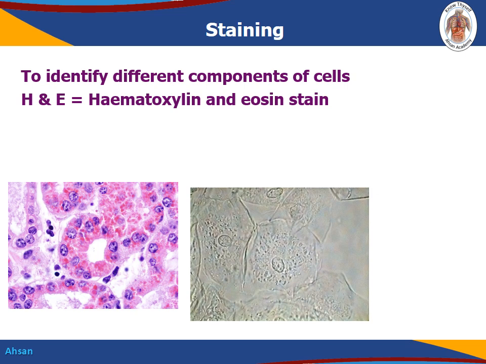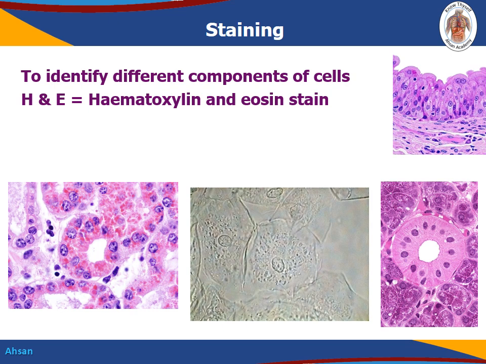In the laboratory we usually use the H and E stain, which is hematoxylin and eosin. One is acidic, another is basic. With this stain, we can see the eosin-stained part is reddish or pinkish in color, and the nucleus is violet in color, because hematoxylin has been taken up by this area.